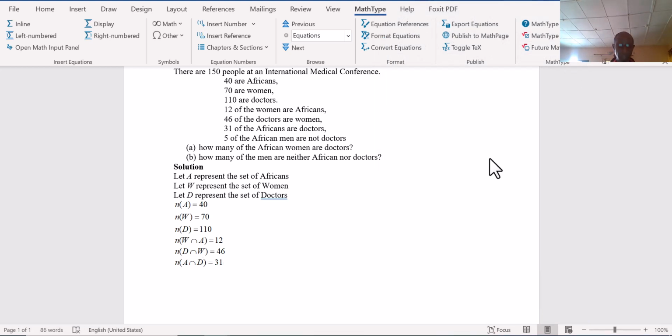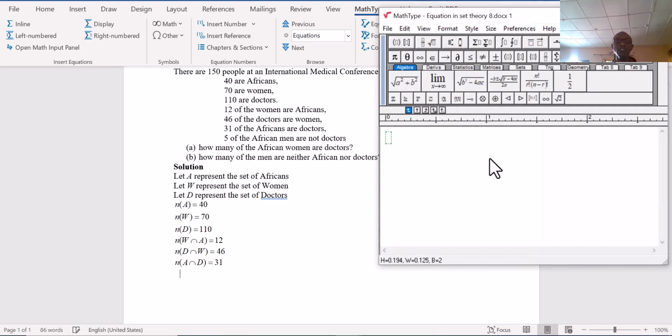The last information we are given is that 5 of the African men are not doctors. So you wonder, how do I represent men? If we have agreed that women should be W, then W complement will stand for men.